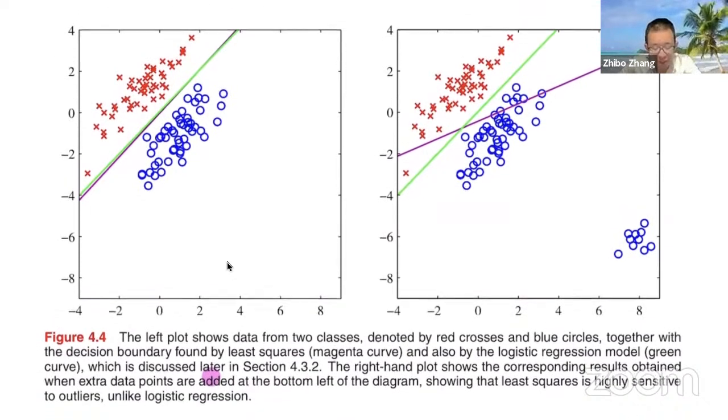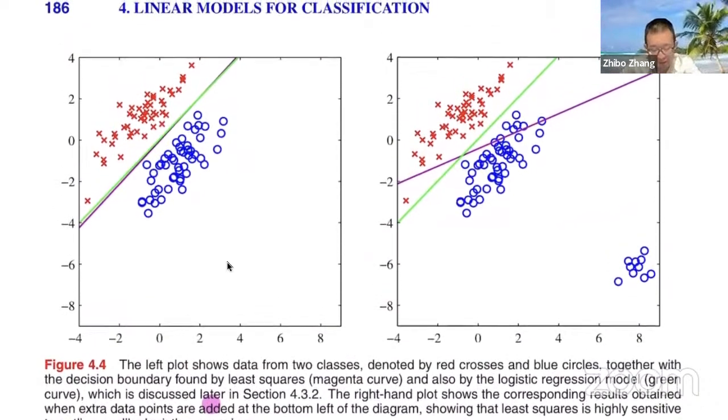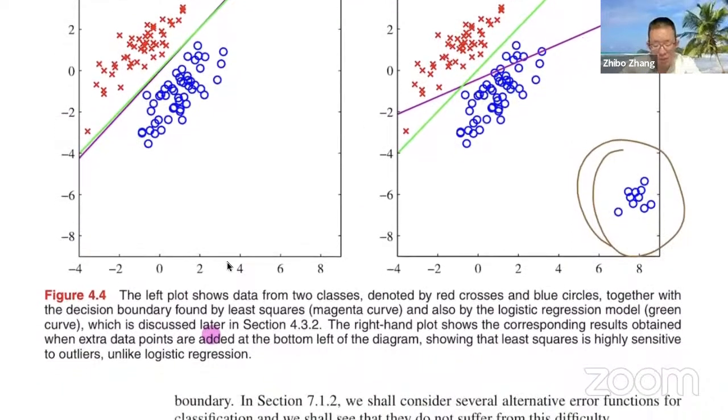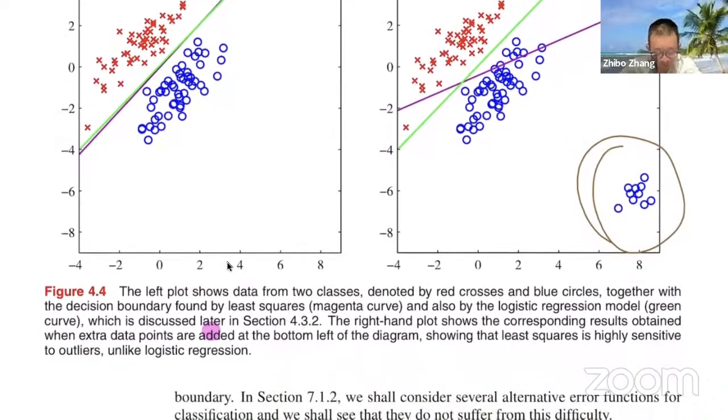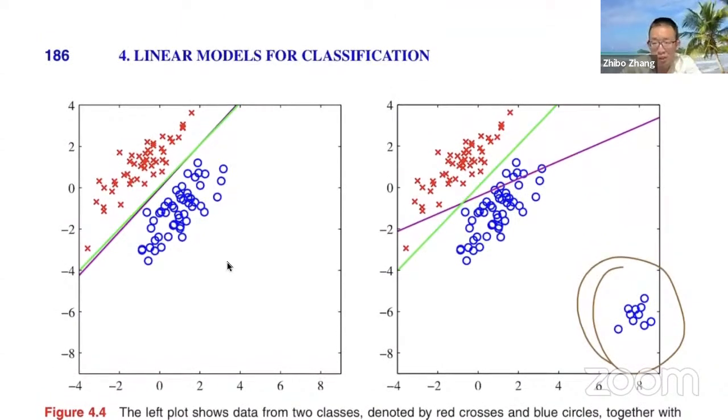The right-hand plot shows the corresponding results obtained when extra data points are added. So for example, if we have some outliers that are observed here, added into this region, the right-hand plot shows the results when extra data points are added at the bottom left. The diagram shows that least squares is highly sensitive to outliers, unlike logistic regression.